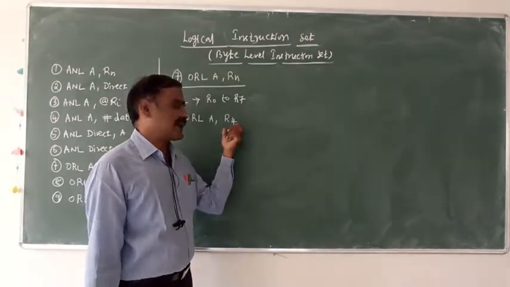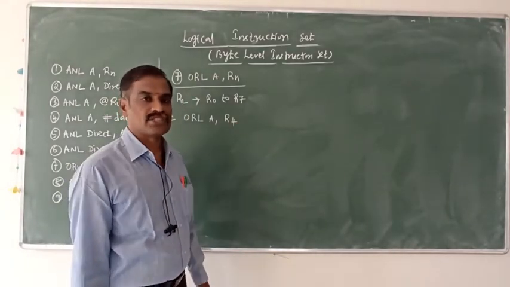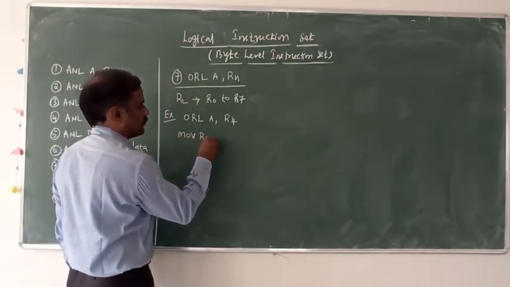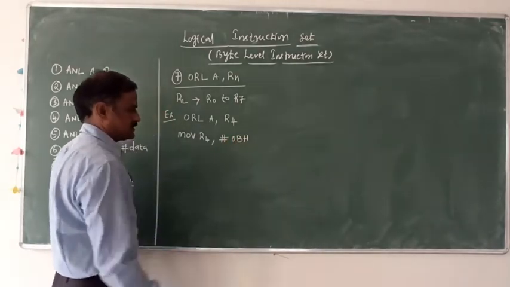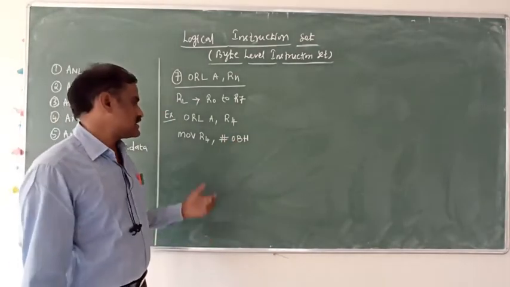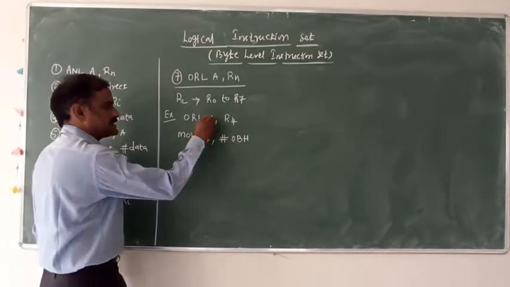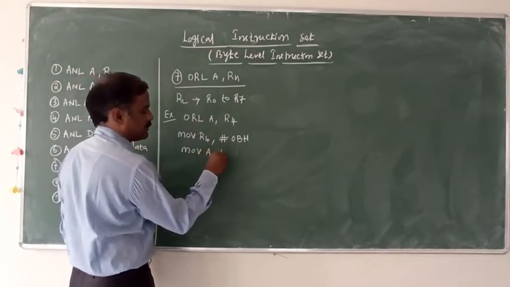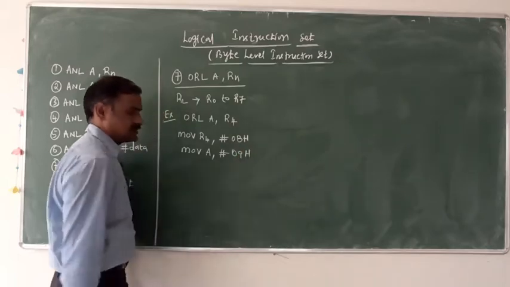First we have to initialize the data in the R4 register. MOV R4, #0BH. In register R4 the data is 0B, and we initialize the data in register A: MOV A, #09H.